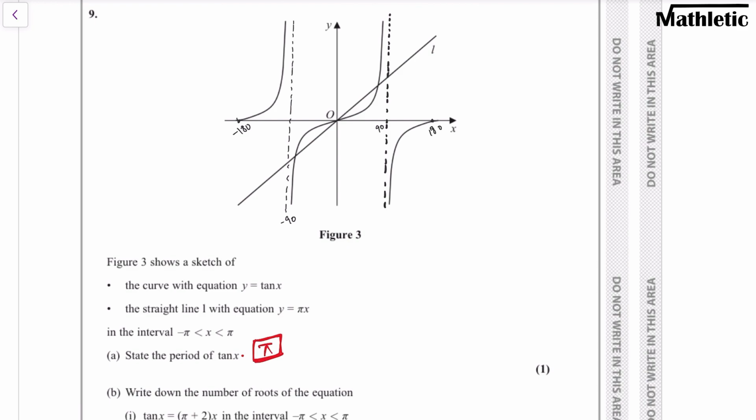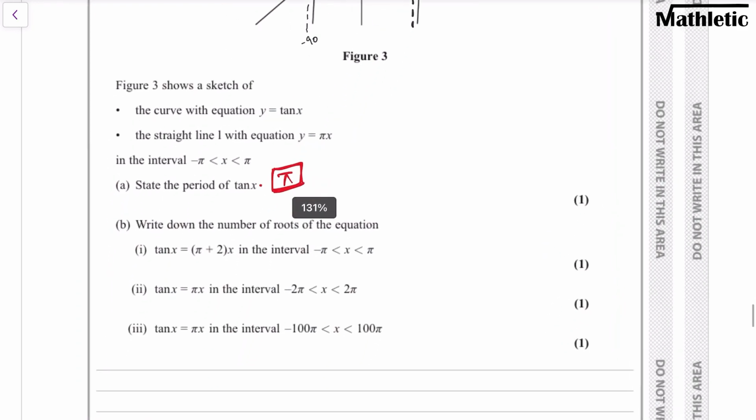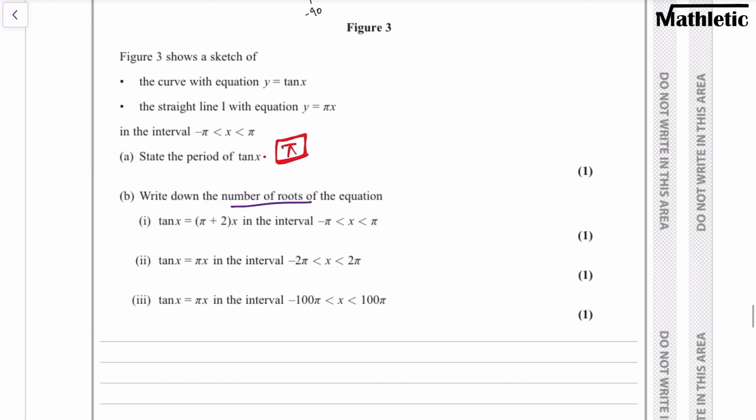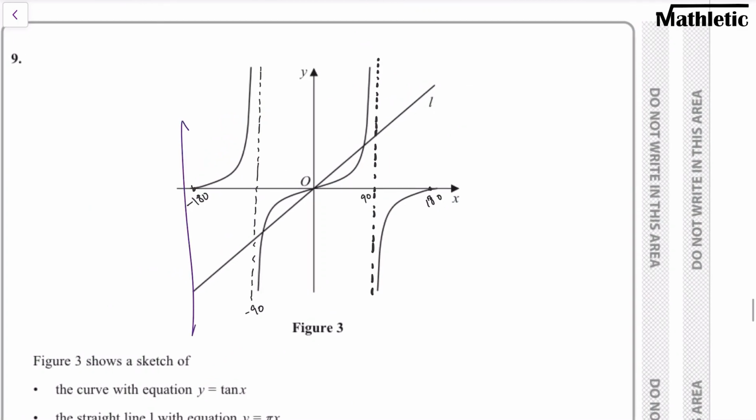Next, for part B. We need to find the number of roots of tan x equals pi plus 2 x within a range of minus pi to plus pi. So minus pi means minus 180 to plus 180. The curve is already given within this range.